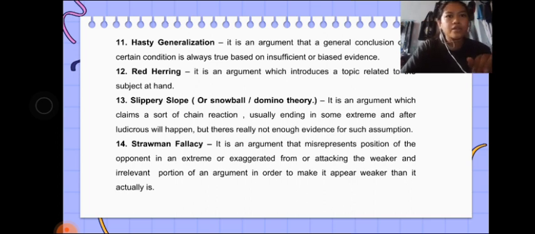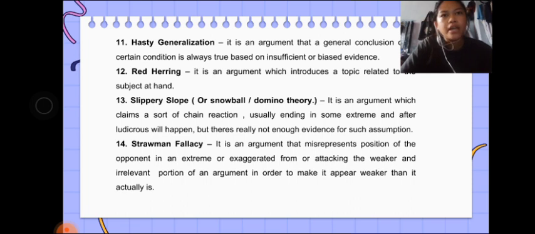Then example number 2, if I fail algebra, I won't be able to graduate. If I don't graduate, I probably won't be able to get a job and may very well end up like a beggar. Number 14, strawman fallacy. It is an argument that misrepresents the position of the opponent in an extreme or exaggerated form, or attacks the weaker and irrelevant portion of an argument in order to make it appear weaker than it actually is.